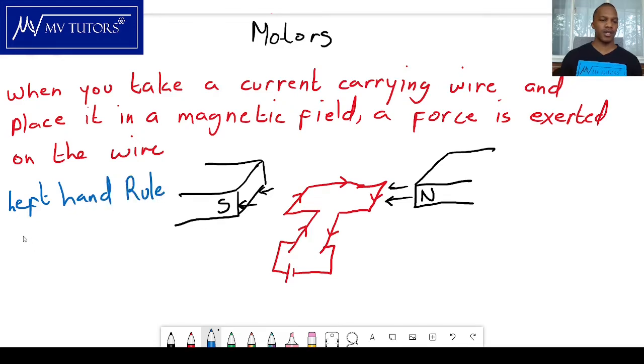In your left hand, number one, you need your thumb, and the thumb is going to represent the force. Remember there are three variables. Then you have an index finger, and the index represents the magnetic field.